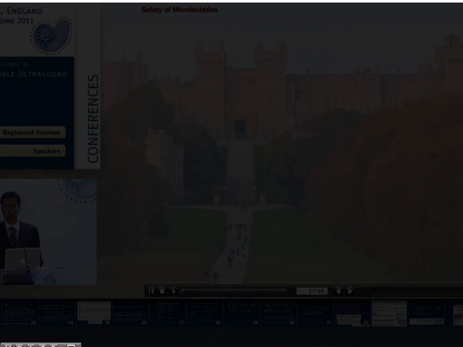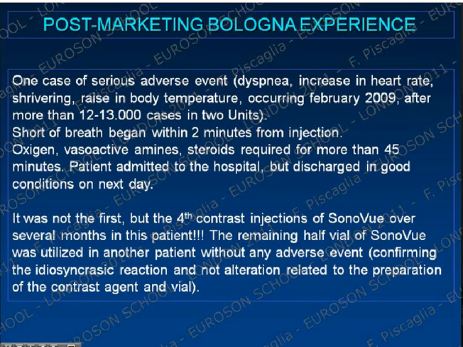Indeed, in our local experience in Bologna, we performed more than 13,000 cases in 2 units. We had 1 case of allergic reaction which recovered but required resuscitation. And indeed, this is exactly the rate of 0.008%.